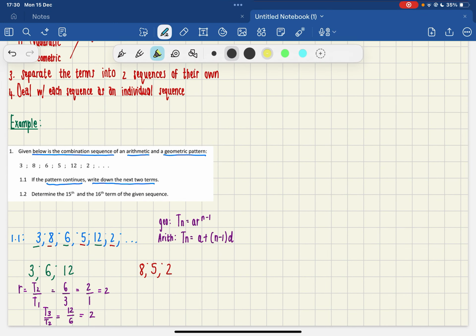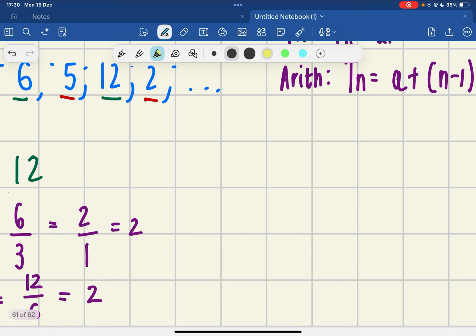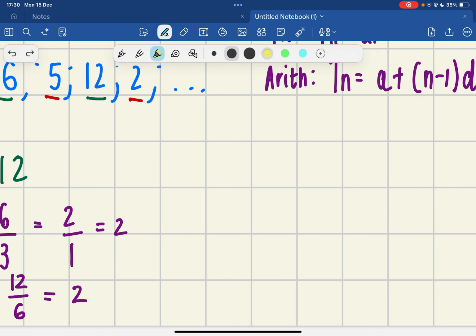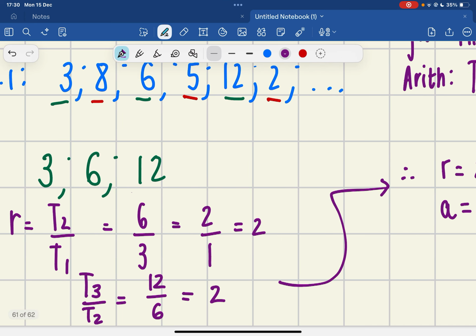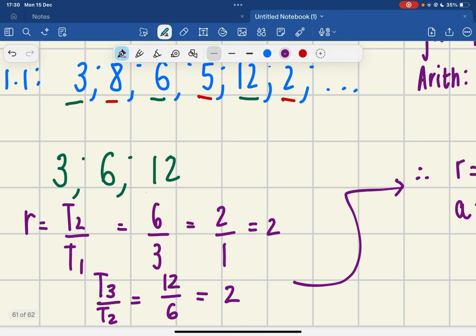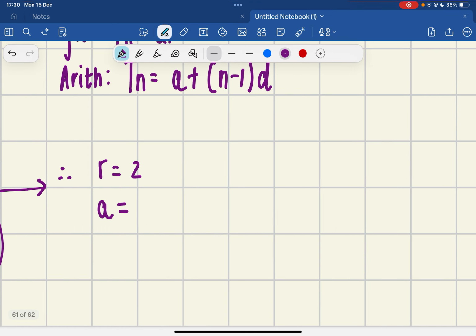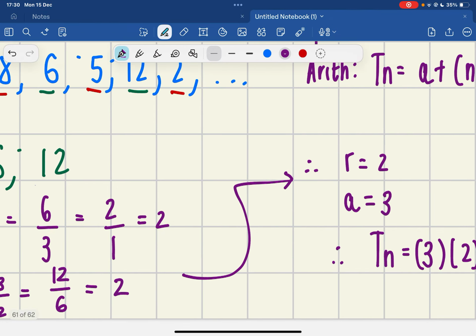So, therefore, R is equal to 2. Looking at this as a whole new sequence, our A is 3. Therefore, T of n is equal to 3 multiplied by 2 to the power n minus 1.